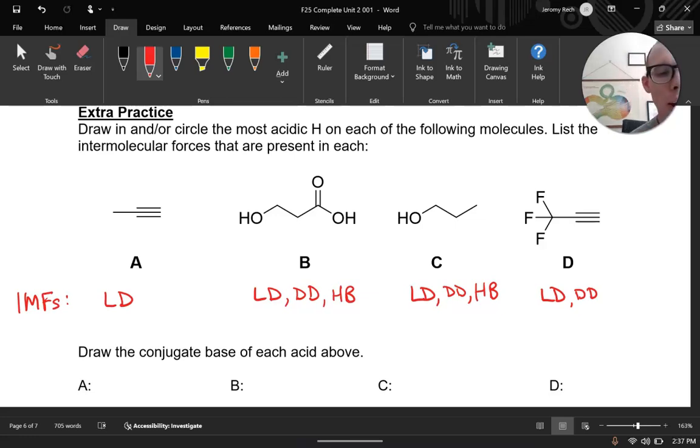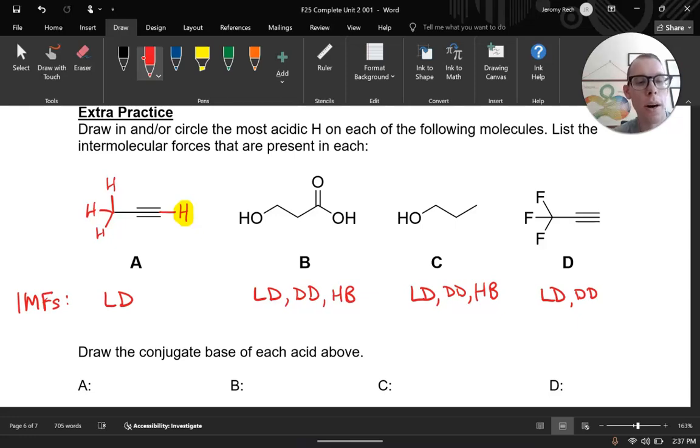And here, I'm going to want to get something that's on my sp hybridized carbon. So this hydrogen here, and I'll maybe highlight it in yellow, is going to be our most acidic. That's going to be better than the hydrogens over here. There's going to be 3 at the end of this methyl here. Those are sp3 hybridized, where my other one is on our sp hybridized carbon, and that's going to help stabilize better.